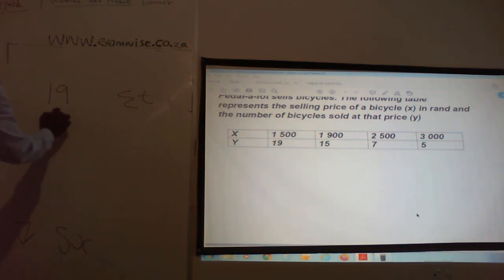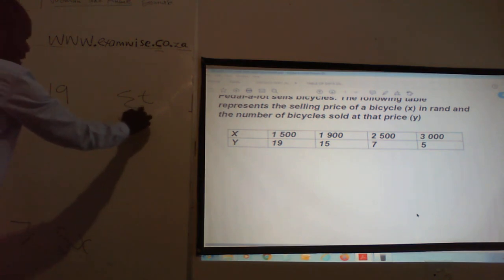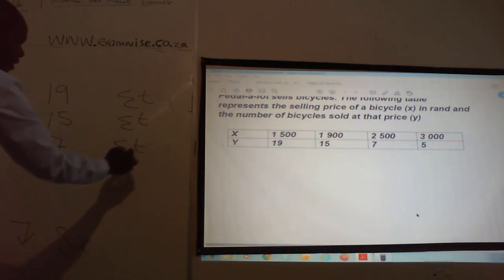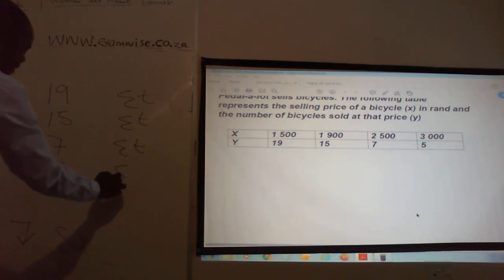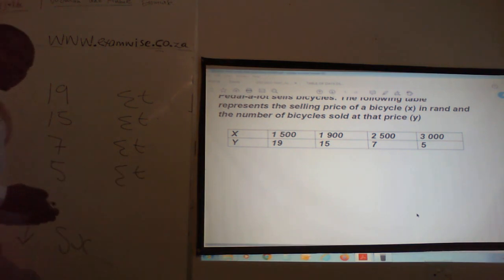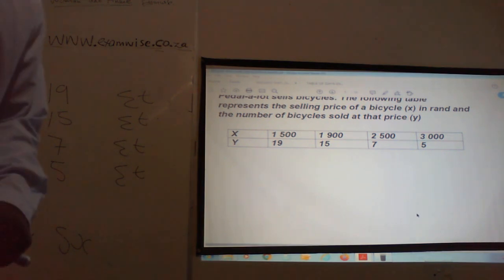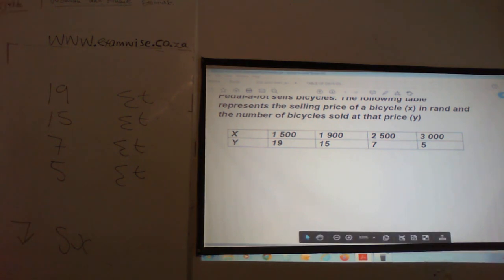Then we go to 15, press 15, and then press summation. Then 7, and summation. Then 5, and summation. Our calculator must show us that we have entered 4 variables. Once we enter the last variable, which is 5, our fourth outcome, the calculator will show us 4. Then we press down arrow and then SX. That will be our standard deviation.